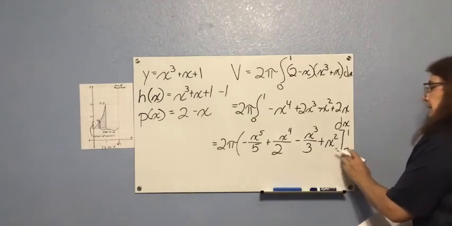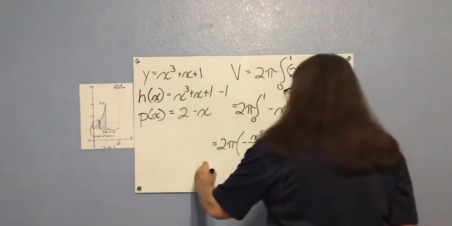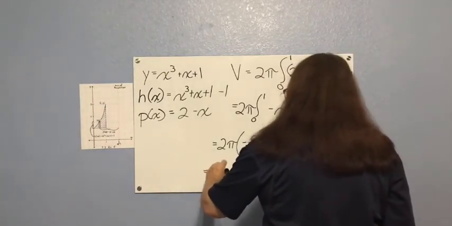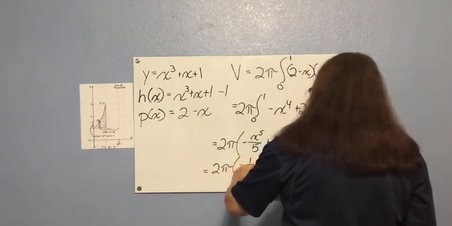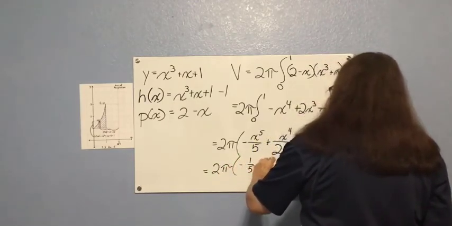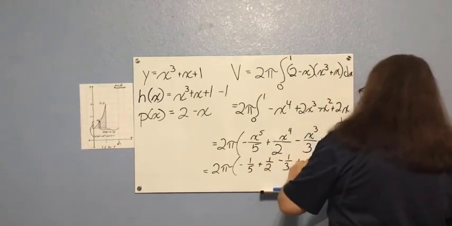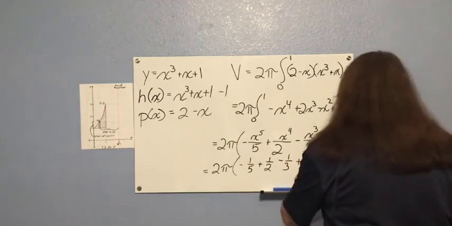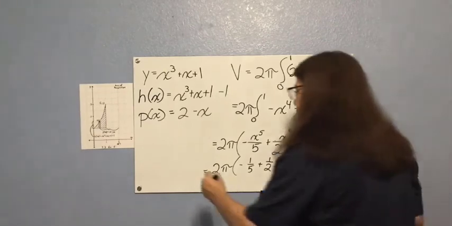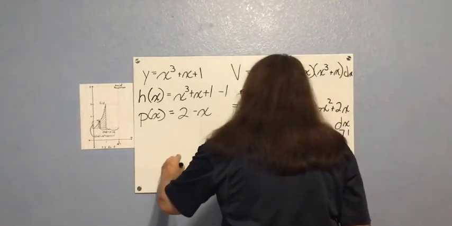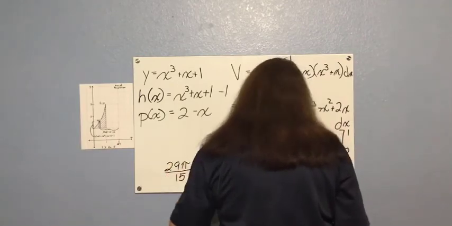Okay, again, if I put 0 in, all of those terms are going to be 0. So I'm only looking at the value for 1. So I've got 2 pi times negative 1/5 plus 1/2 minus 1/3 plus 1 and my final answer is 29 pi over 15.